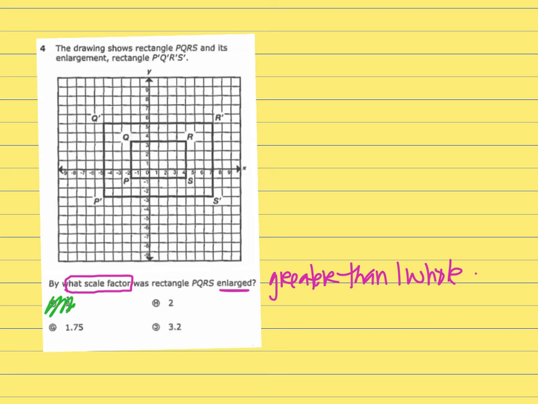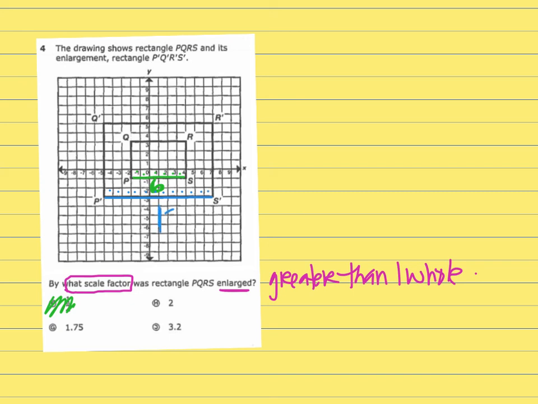So when I look at the original image, let's say I just take this line at the bottom, P to S, 1, 2, 3, 4, 5, 6. The length of this line is 6. Now if I look at the new image and see how long that line is, the new image line P to S, 1, 2, 3, 4, 5, 6, 7, 8, 9, 10, 11, 12.